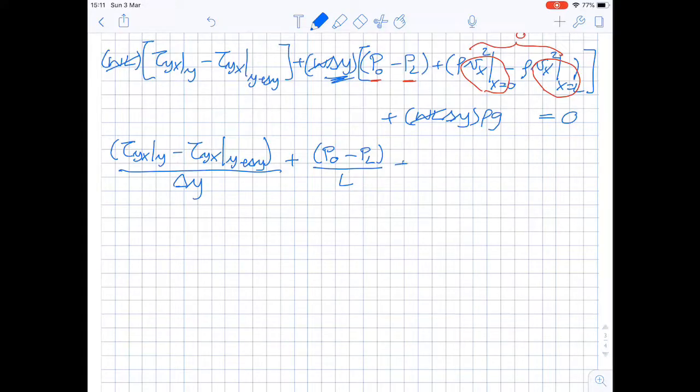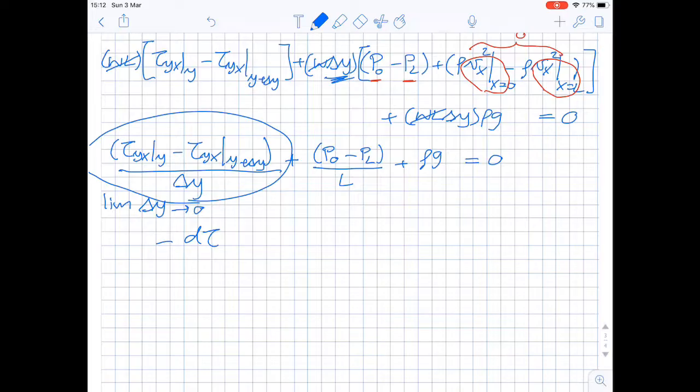And then the fourth term would only have rho g equal to 0. After taking limit, if you take limit delta y approaching 0, this whole term turns to be differential. So what you have would be negative d tau yx by dy plus P0 minus PL over L plus rho g equal to 0.